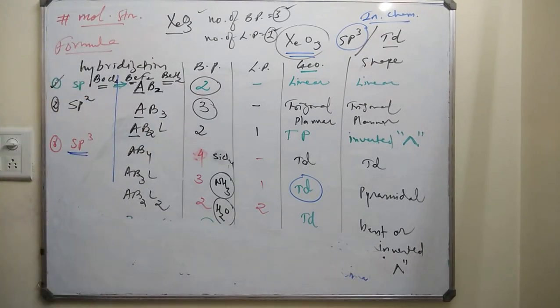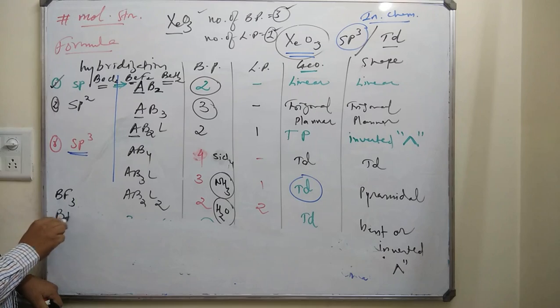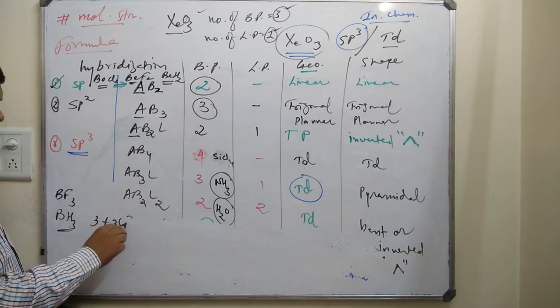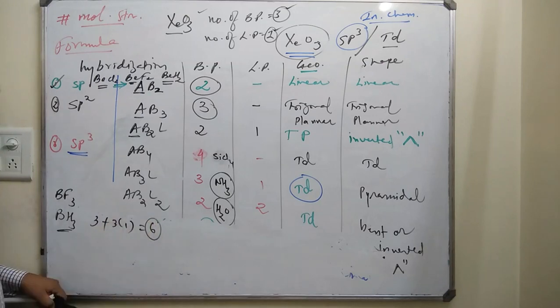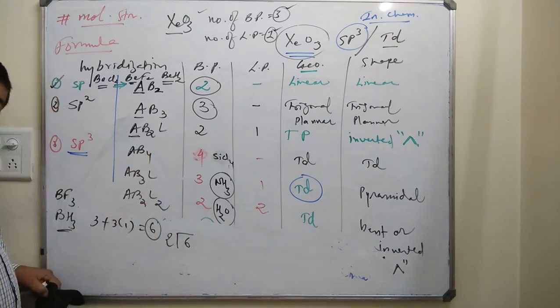Let us go with sp2 and AB3 type. You have BF3, you have BH3. Let us go with BH3 this time. Boron in its valence shell has 3 electrons. One hydrogen has 1 valence electron, and there are 3 such hydrogens, so the total is 6. When the total is 6, you divide it by 2.